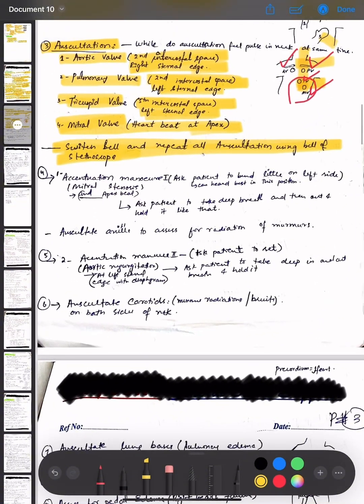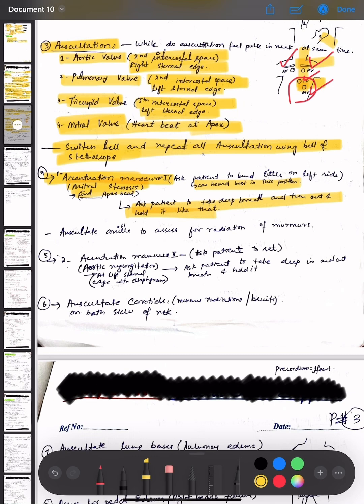After auscultation, the next step is the accentuation maneuver, in which we ask the patient to bend a little to the left side, and we can hear best in this position. Ask the patient to take a deep breath and then breathe out and hold it like that, so that the inside of the body is free of air and you can auscultate easily.